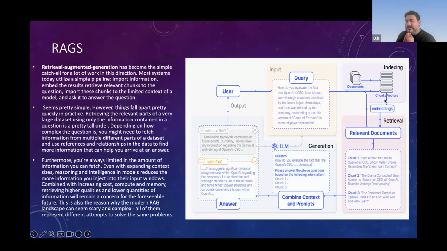Once it grabs information, it retrieves the relevant chunks based off that cosine similarity. So chunk one could be 0.98, very similar to the user's question. Chunk two could be 0.96 related to the user's question. There could be different ways of scoring these chunks.